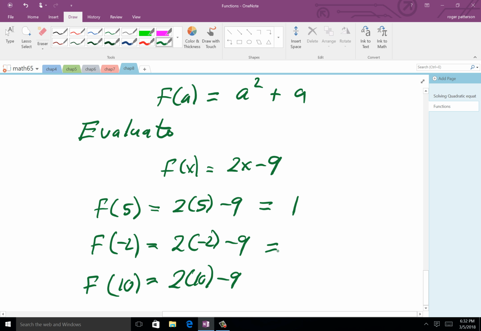So that goes like this: 1, negative 13, and 11. So see that 5, negative 2, and 10, that's your domain. And then the 1, negative 13, and 11, that would be your range. Input, output.